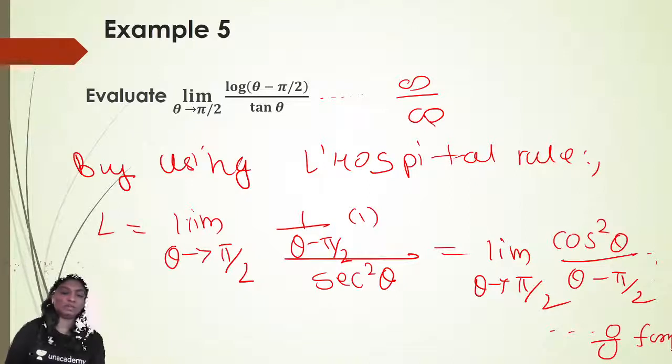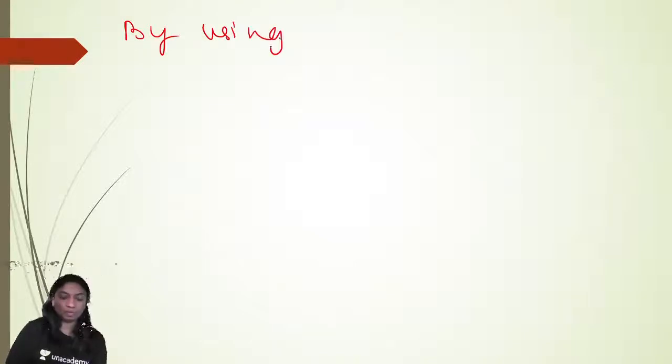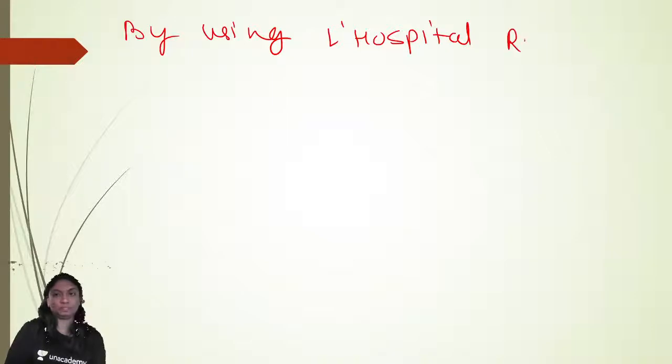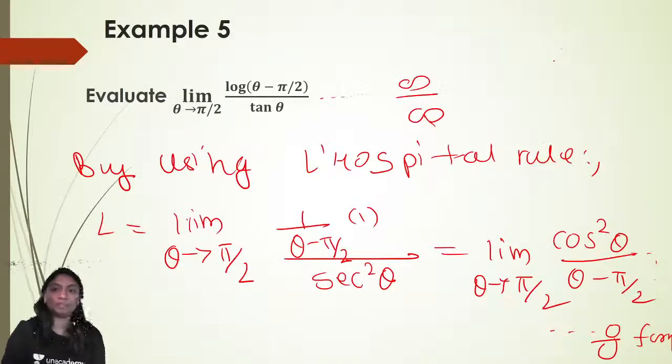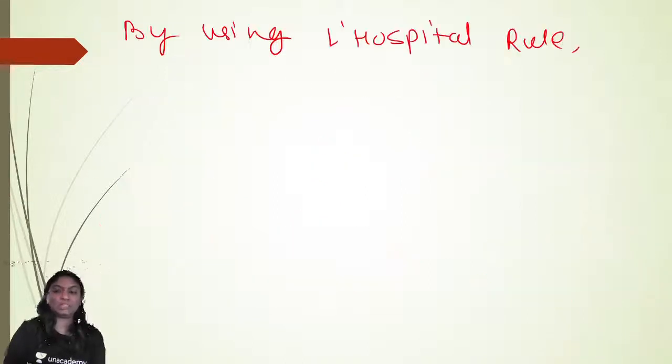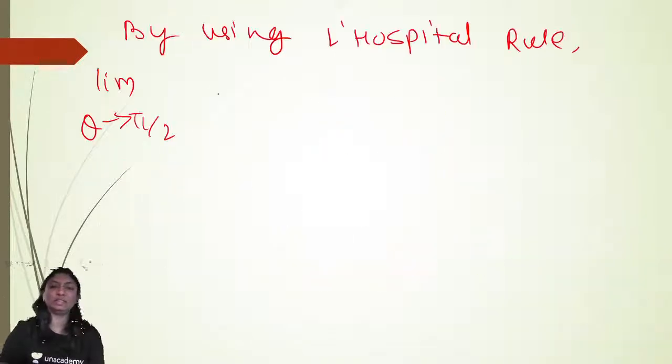Again we will use L'Hospital rule. Limit as theta tends to pi by 2. What is the derivative of cos square theta?